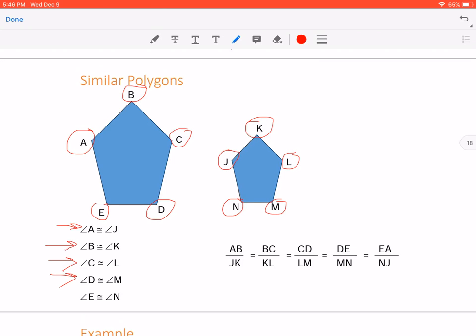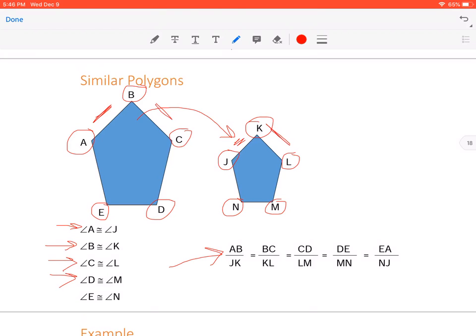All you did was you took this original polygon and just shrunk it. Now, the sides are not the same, but they are proportional. Whatever AB is, it is proportional to JK. Maybe it's half the size, maybe it's a third of the size, but whatever, it's proportional. BC and KL are the same proportion.